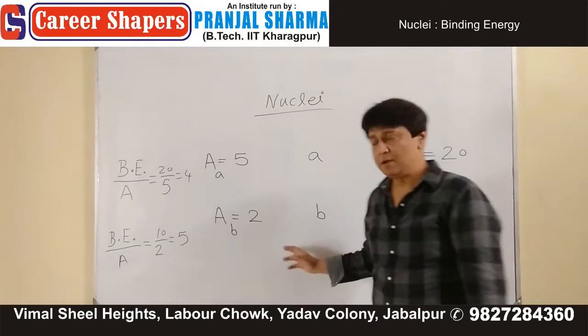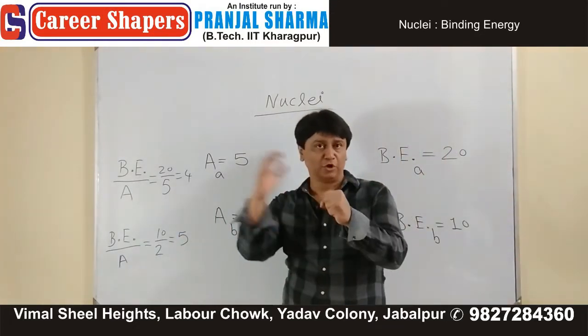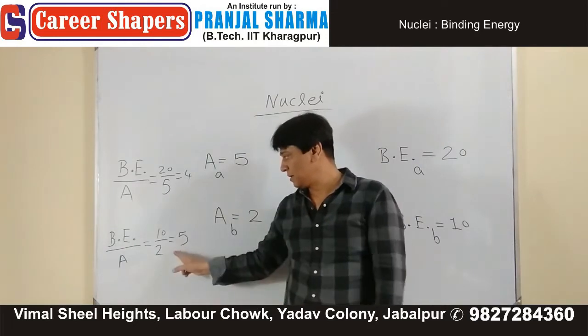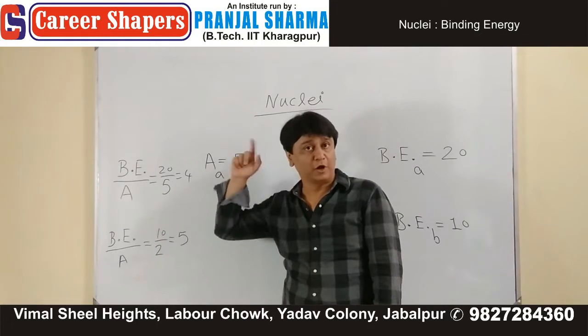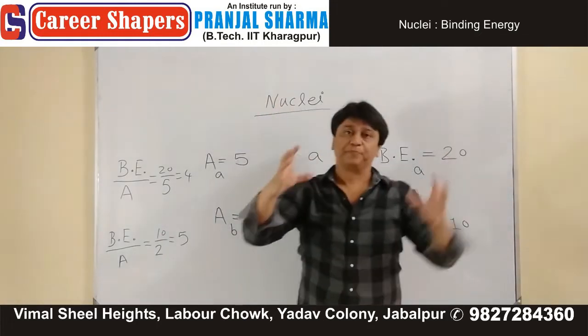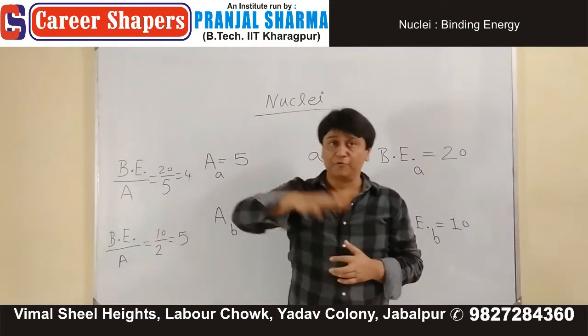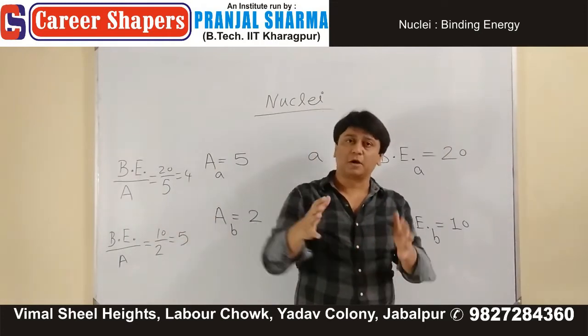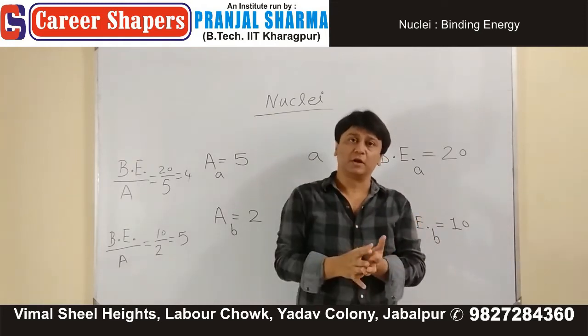Whereas for B, if you want to get rid of this interaction between the nucleons, then you need 5 joules energy per nucleon. Now, if you have a material, talk about not a nucleus but a collection of nuclei.